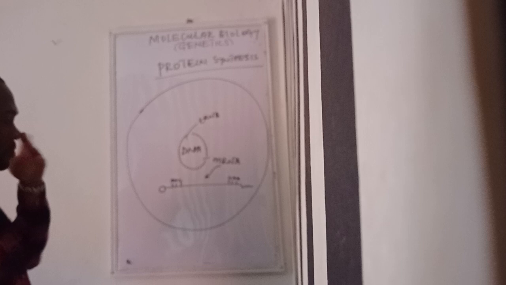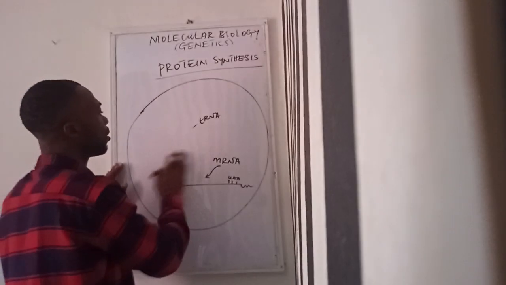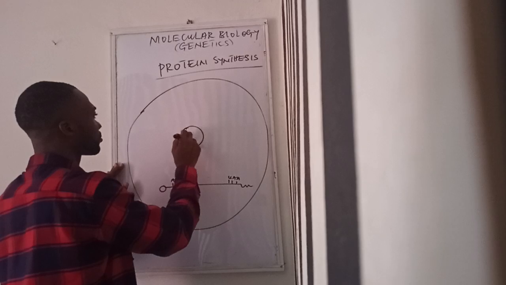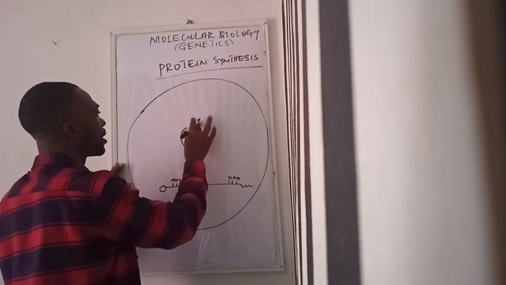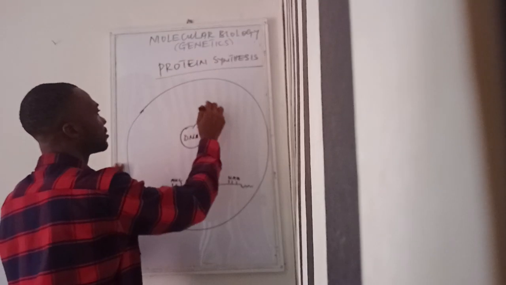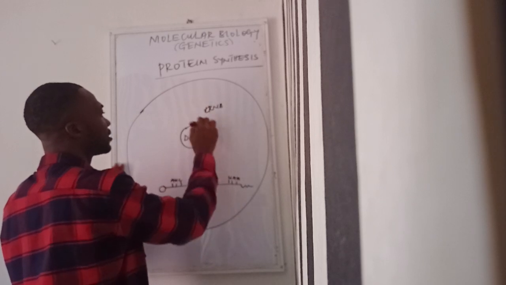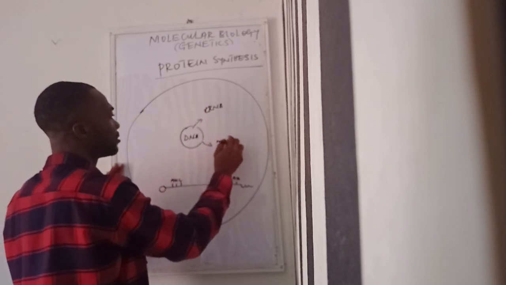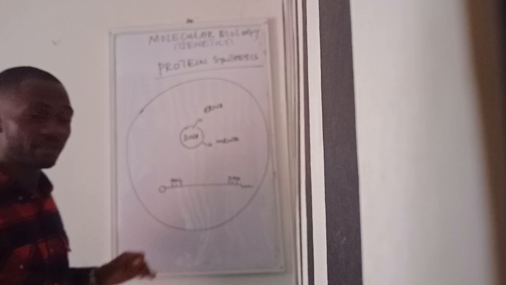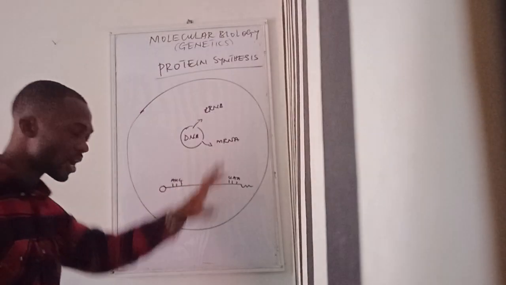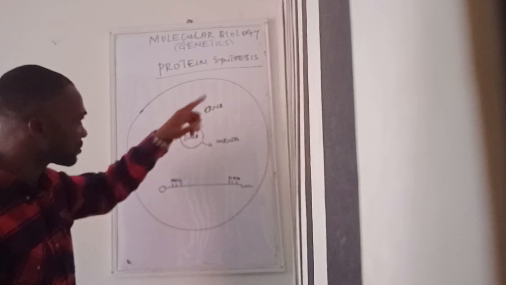So that was what I drew as a structure of the messenger RNA. So once this transcription occurs, messenger RNA is produced, transfer RNA is produced.